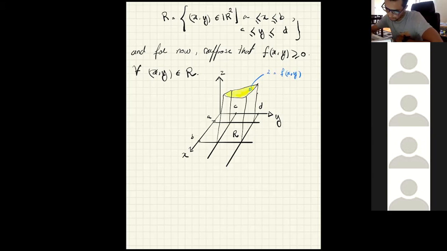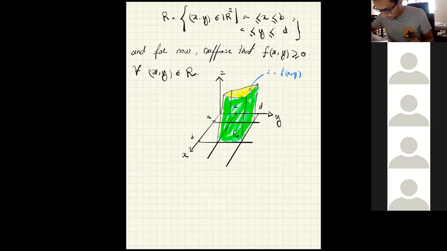Now we would like to evaluate the volume under the graph here. We would like to evaluate this volume under this function. That's the analog of the area when we have a one-dimensional function.